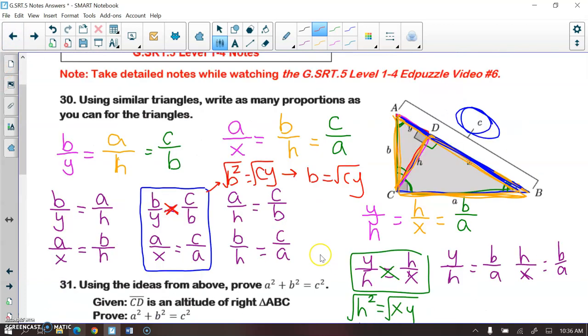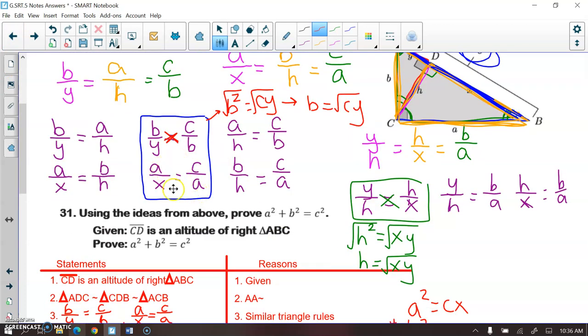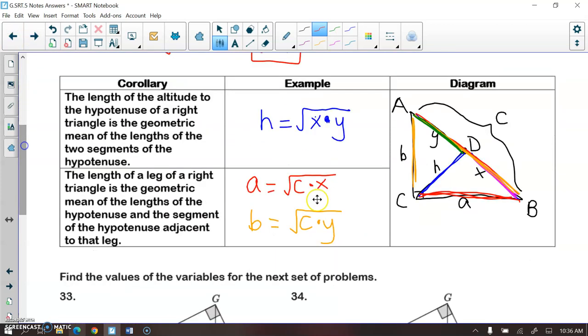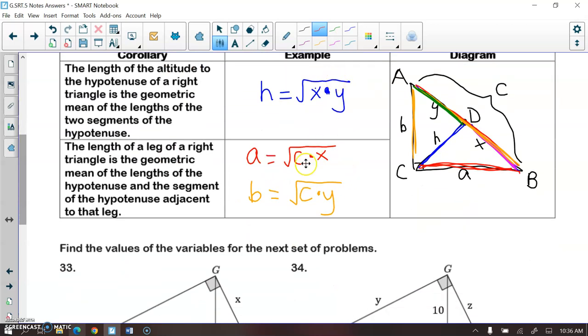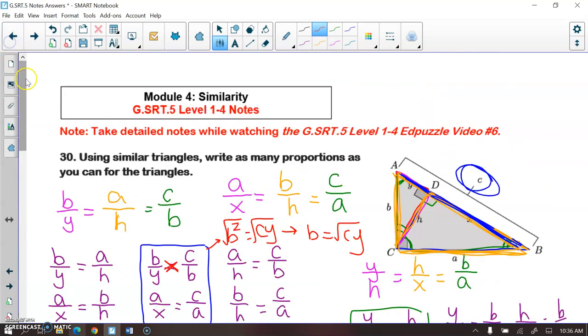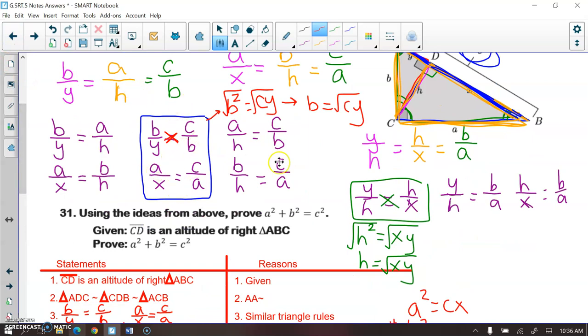And then the other one, same thing. I'm not going to do this one, but if we cross multiplied and then took the square root, we would wind up with A is equal to the square root of C times X. So these three equations stem from our similar triangle proportions that I have boxed here.